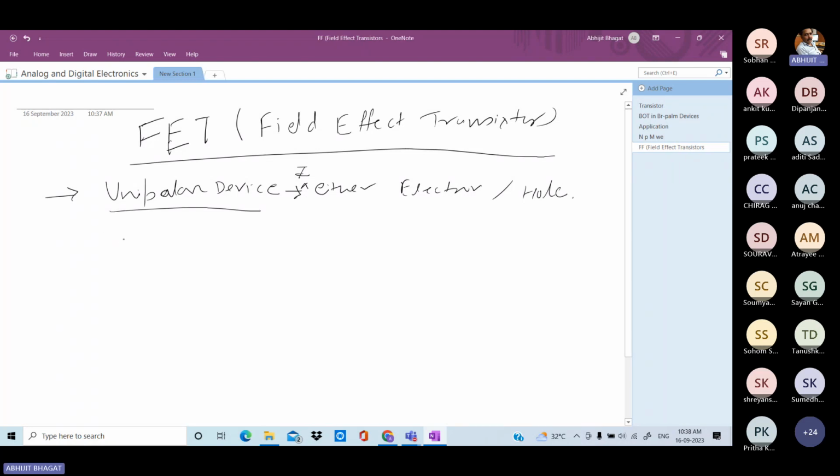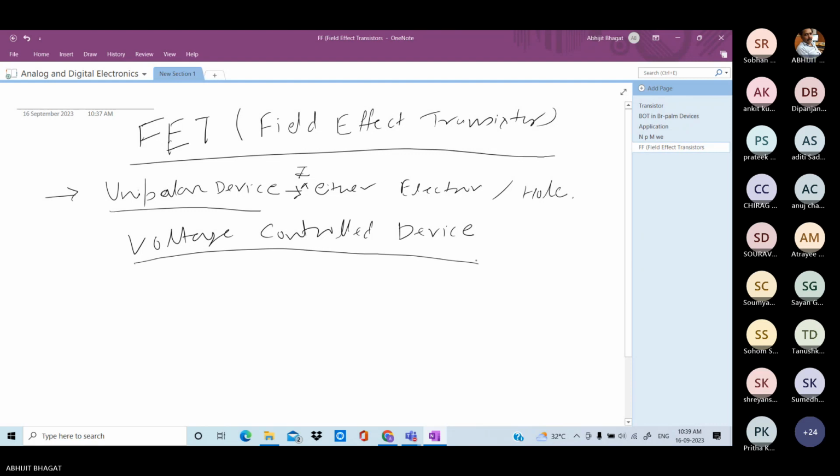Second one, previous one is a current control device. In that case, input current controls the output current. Here in this case, it is a voltage controlled device. Why? First, FET is also a non-linear device, same as the BJT.